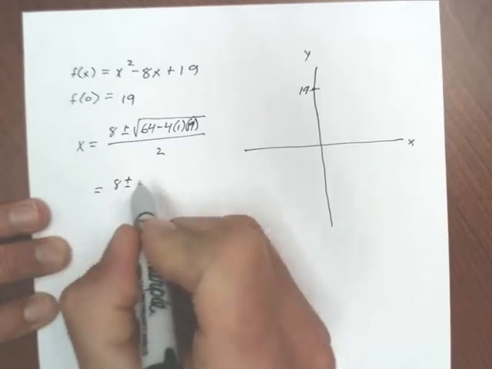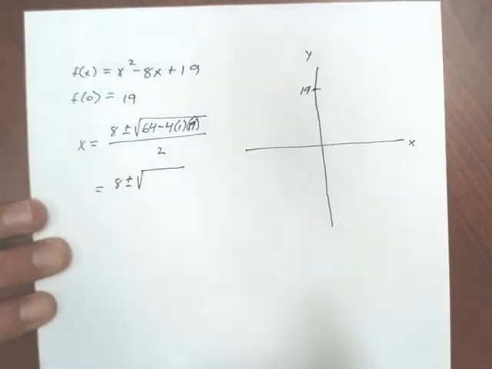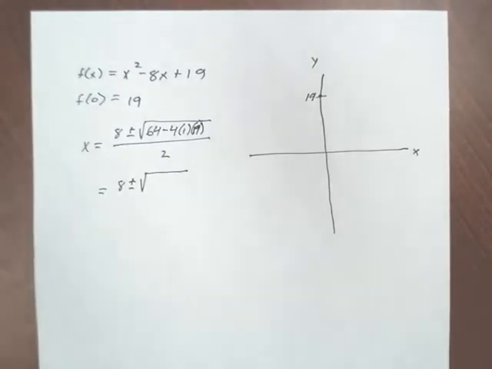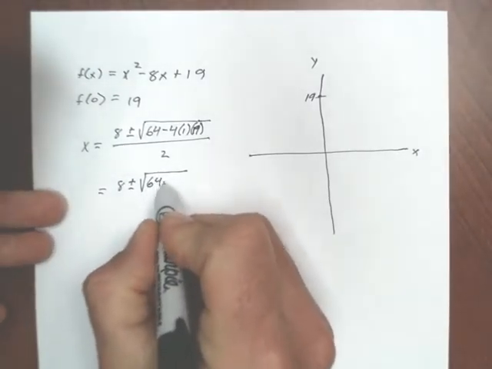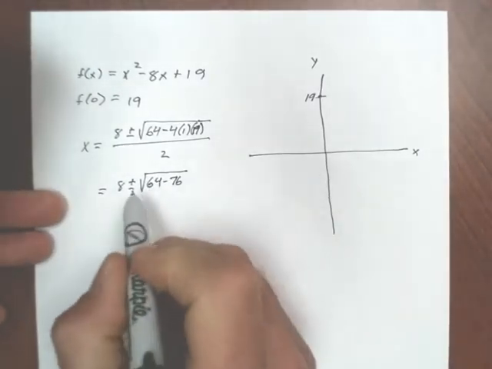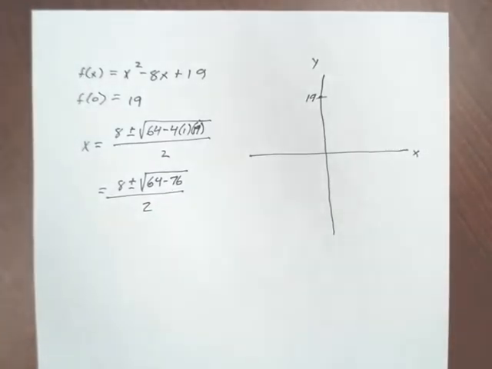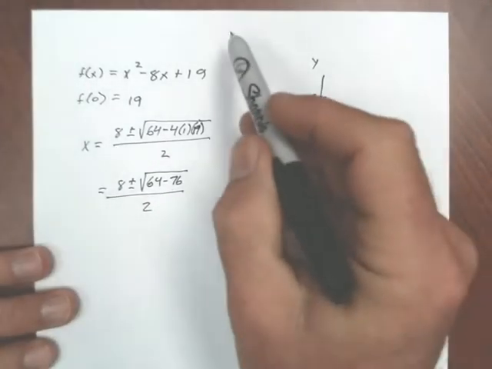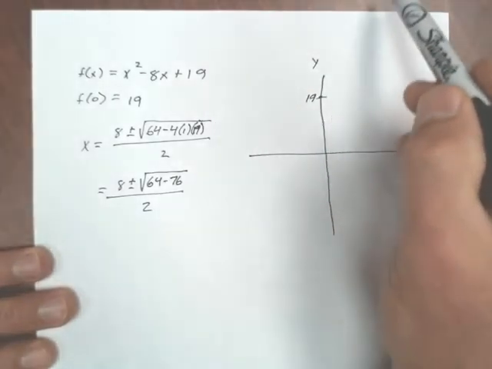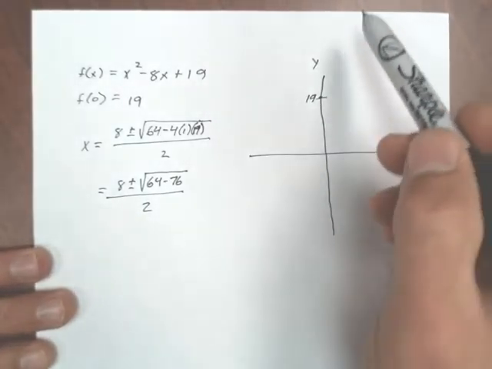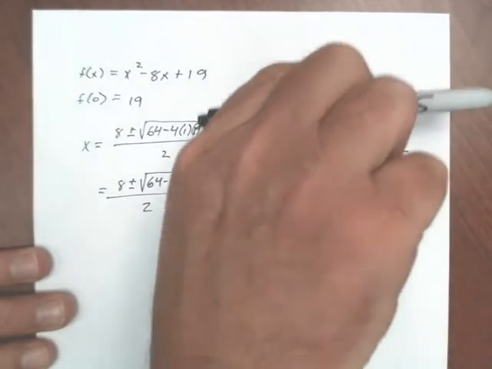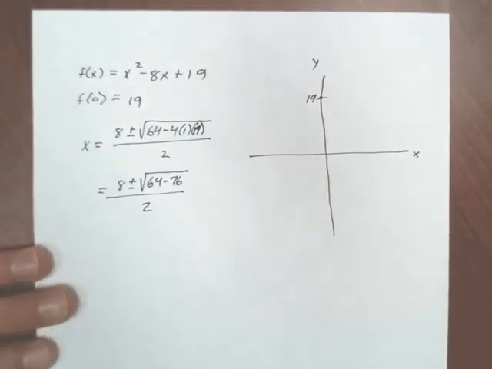So this gives us 8 plus or minus the square root of 64 minus, what is 4 times 19? 4 times 19 is 76. So this gives us 64 minus 76 under the radical. Okay, so we're going to get another negative value. This means we don't have x-intercepts. So this must be a function that is, again, U-shaped, but lying completely above the x-axis.